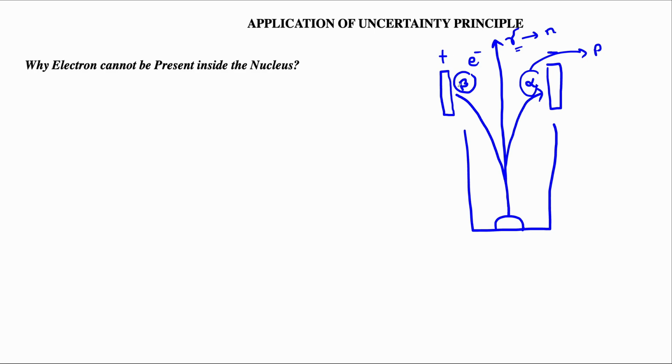Now, as we know, the electron is attracted towards the positive plate because electron is a negatively charged particle, proton is a positively charged particle, neutron is a neutrally charged particle. Due to that reason, it will not be attracted towards the negative side or the positive side, it will go straight.